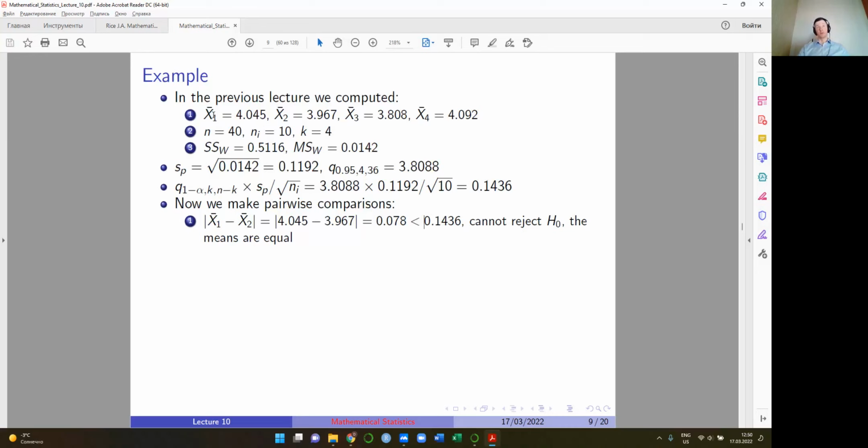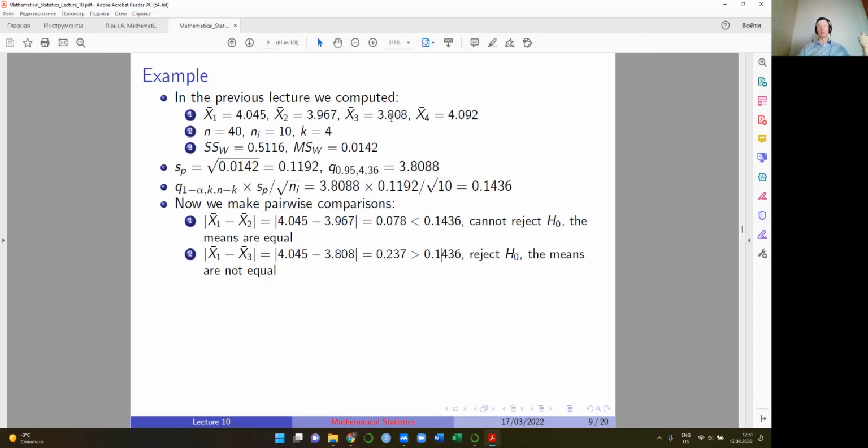So the next pair, 1 and 3, here. The difference is 0.237, and we see that this difference is greater than the critical value. So in this case, we reject the null hypothesis and we conclude that the means are not equal.